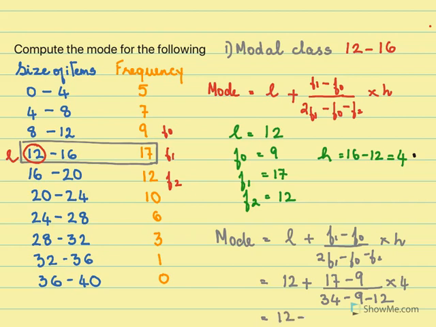So this is 12 plus 8 over 13 into 4. And if you work this out, your answer comes as 14.46, which is the mode. So the mode of this data is 14.46.